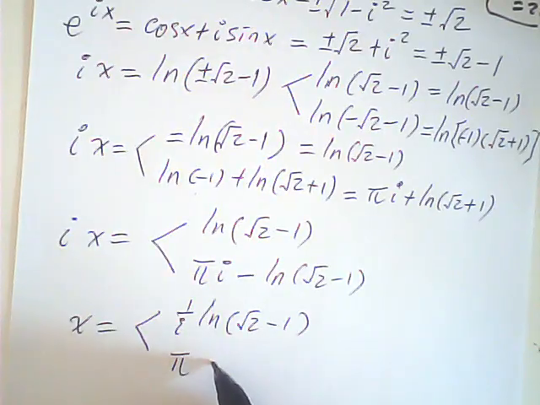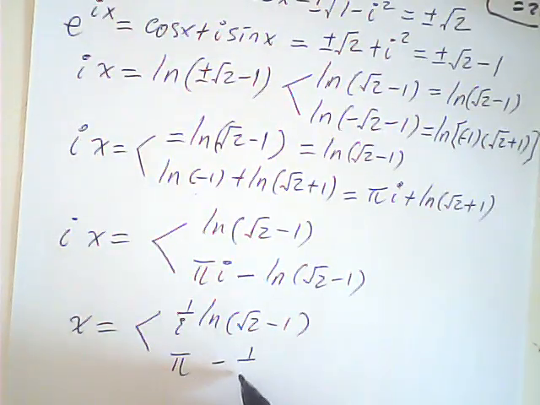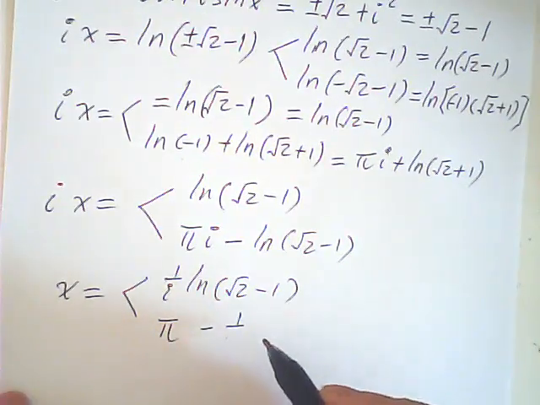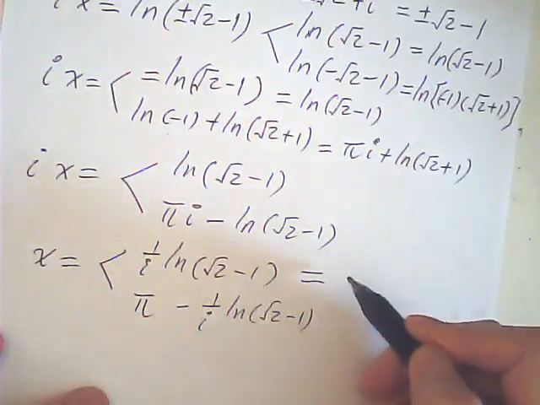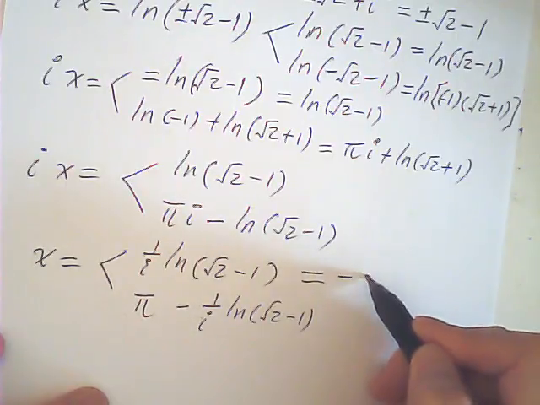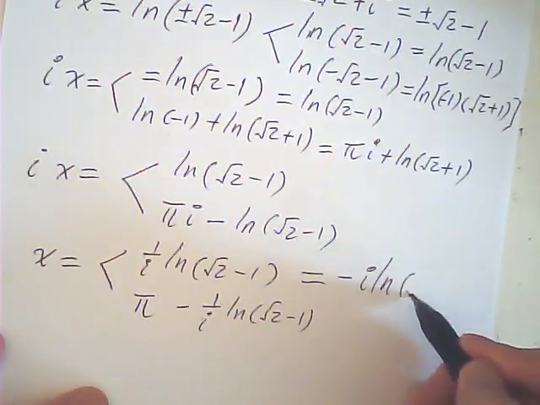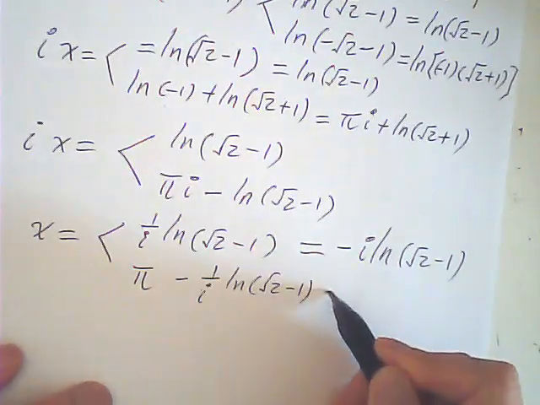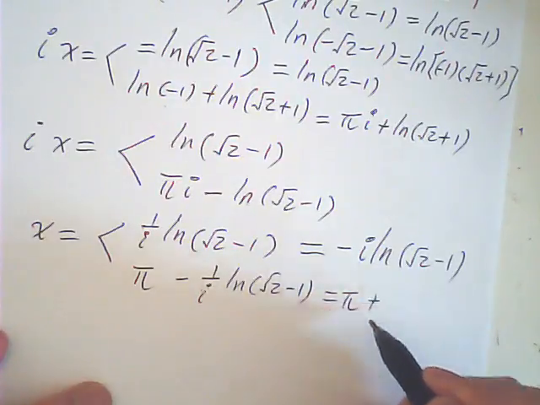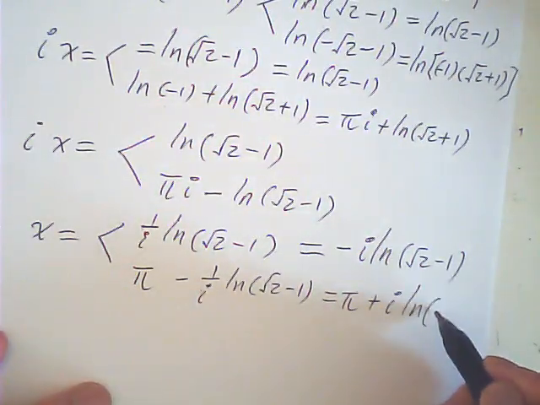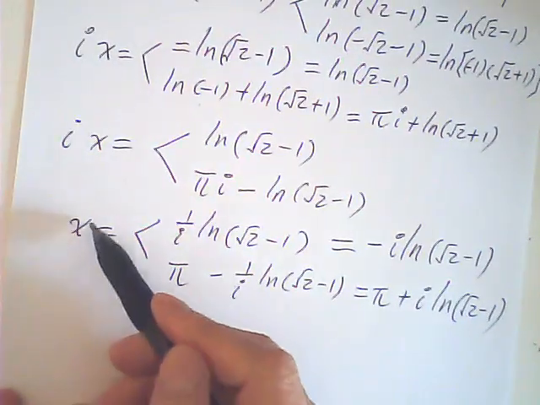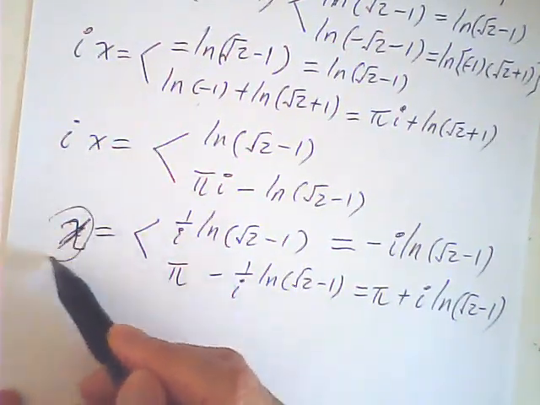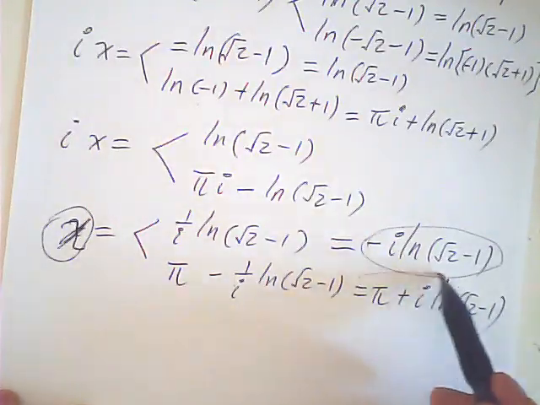This is equal to pi minus i log root 2 minus 1. So this one is equal to negative i log root 2 minus 1. This one is equal to pi plus i log root 2 minus 1. So my x is equal to this or that.